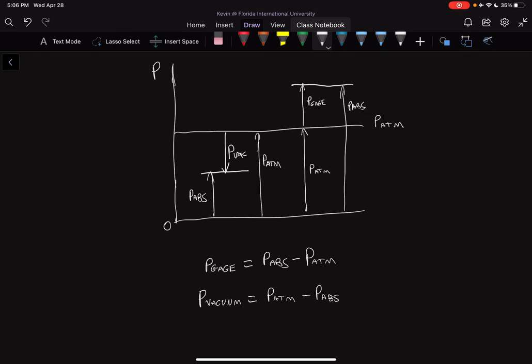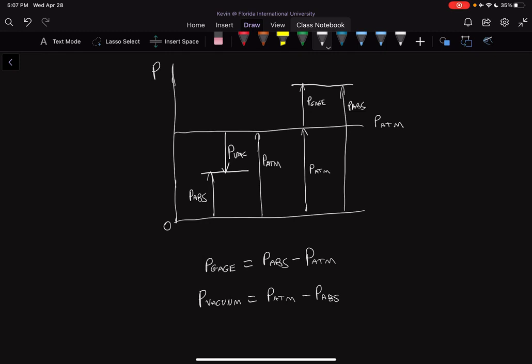You can refer back to this diagram if you're confused about this, but we will be mostly dealing with pressure absolute, so it shouldn't be too much of a problem. Just remember this: whenever it's not specified, pressure is always absolute. So if in a question you're given pressure, you just assume that the pressure is the absolute pressure.